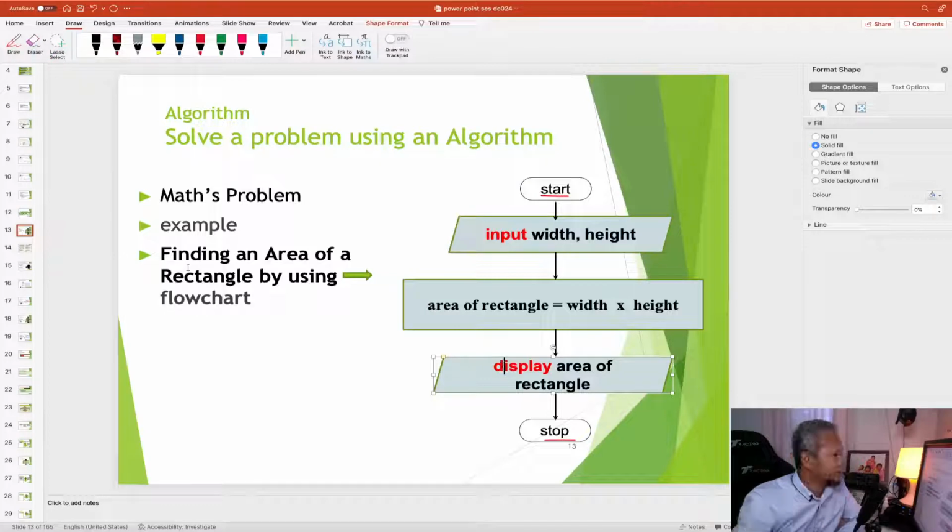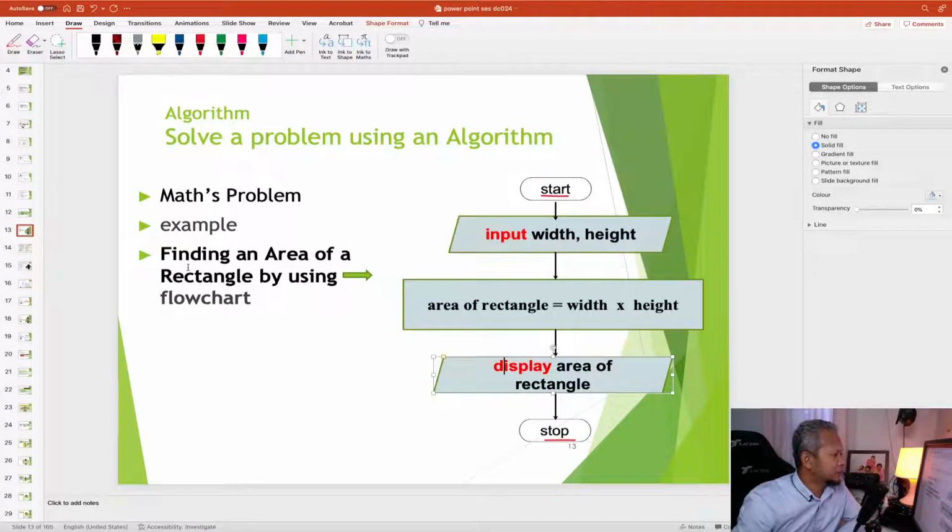So fine, now we need to understand what the problem is from this example. From the example, you need to find the area of a rectangle by using the flowchart. So the area of a rectangle, this is a rectangle. I'm sorry, I fail to control my pen exactly right.